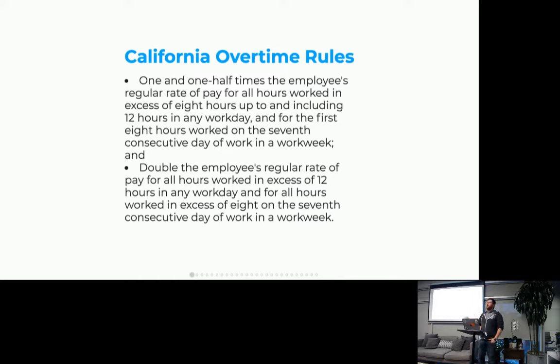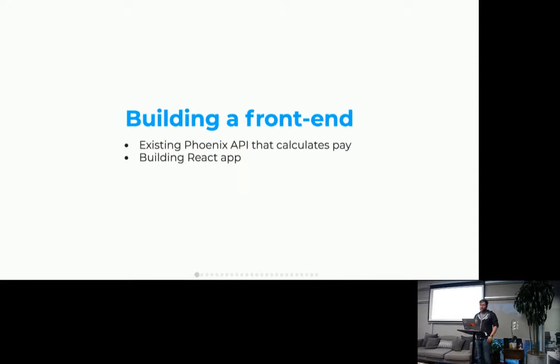The important part is that your pay is a function of the hours you worked today and the hours you worked earlier in the week. So we can imagine a situation where we've built a beautiful Elixir Phoenix backend that is calculating pay and serving it over an API.